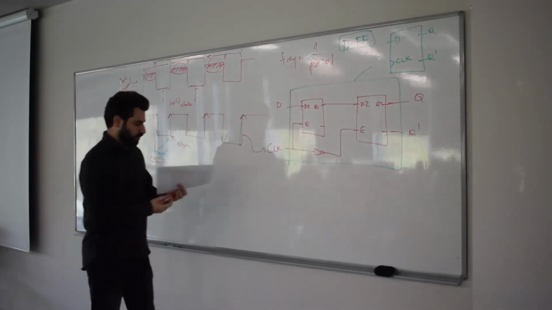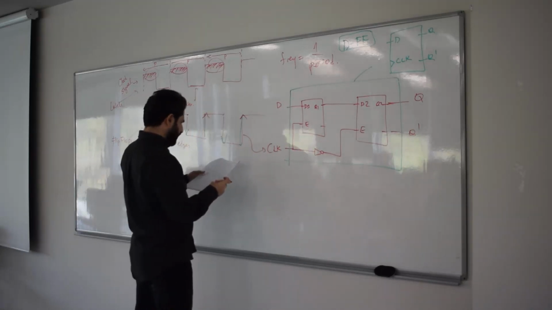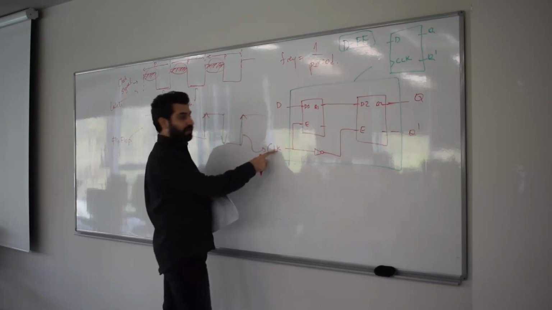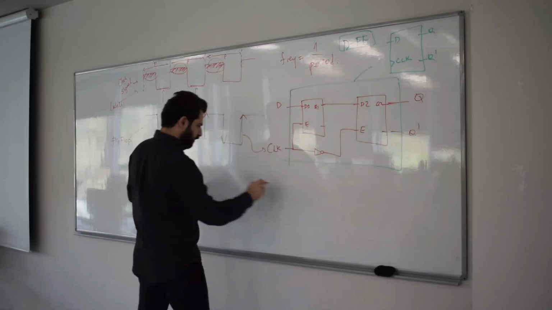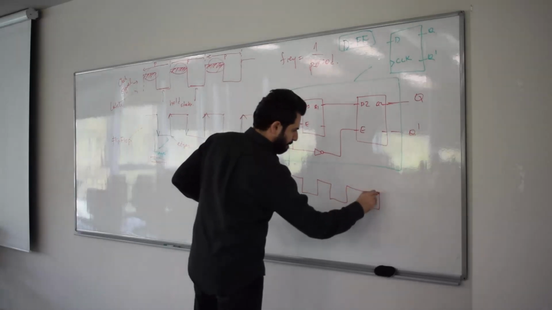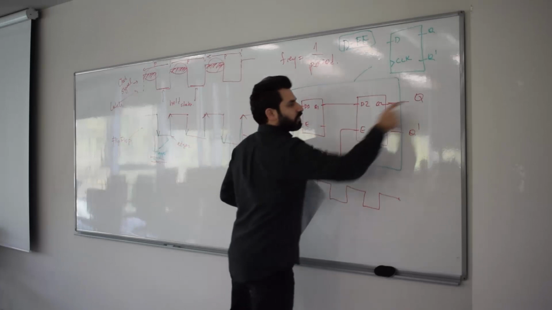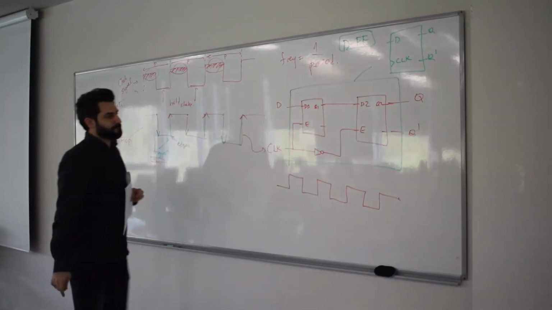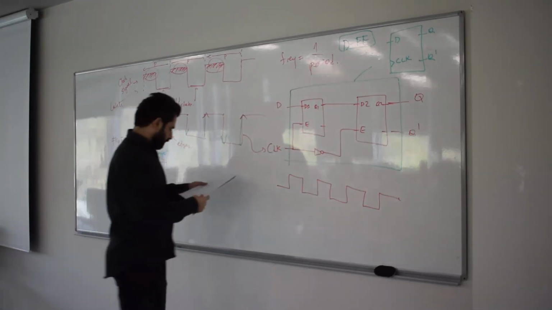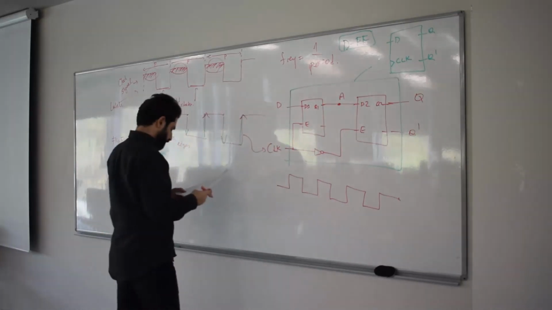Okay? So let's just see. I have a clock signal, so let me just look at this clock signal. And this clock signal is going to look something like this. Okay? All right. See when the output of this circuit changes. Okay? Now, let's just say this is A. Okay?